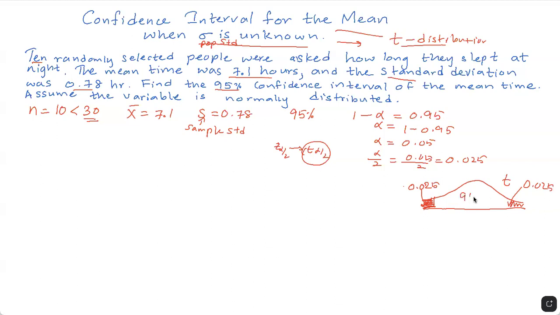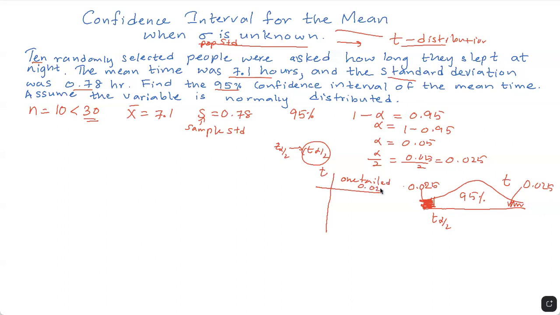The middle part is 95%, right? So we are going to find this t alpha over 2. You have to look at the t table. Look at the one tail, because this is one tail, right? One left tail is 0.025.